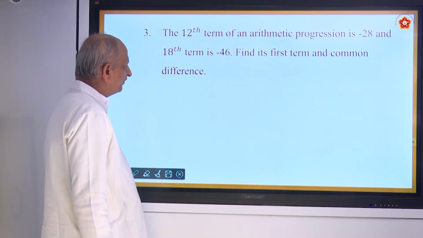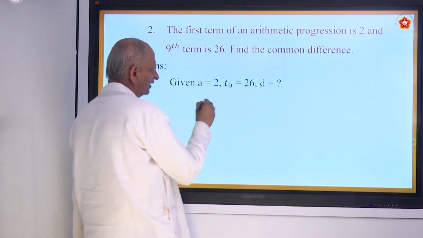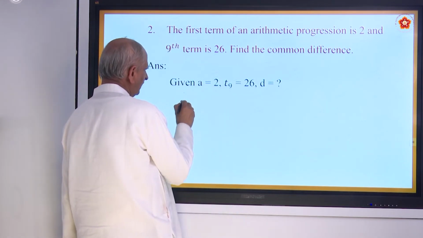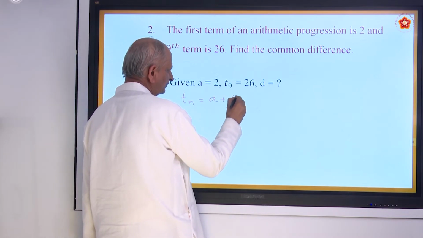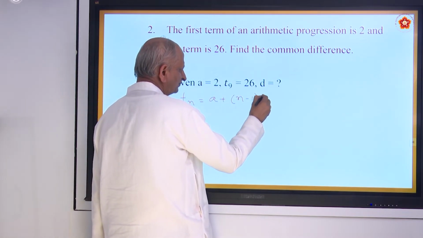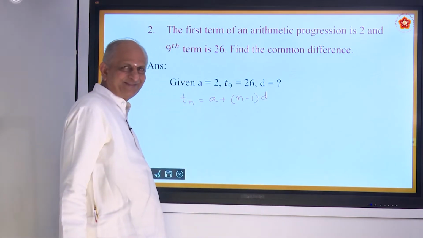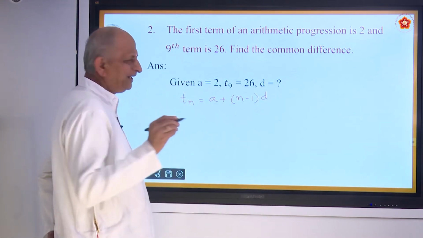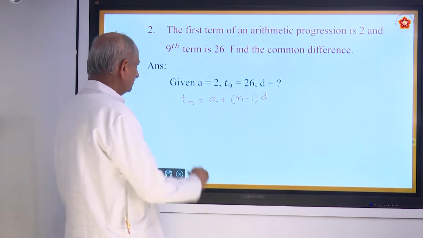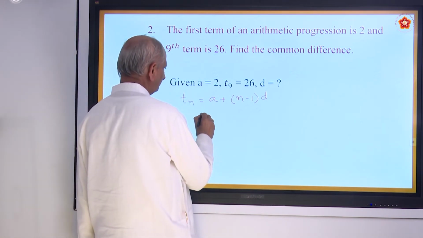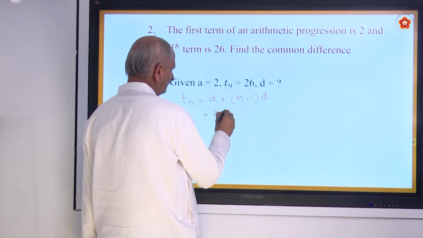So you have to apply the formula. What is the formula? As usual, Tn equals a plus... just like a mantra, you must practice. So simple, so direct, easy to score. It's very joyful.